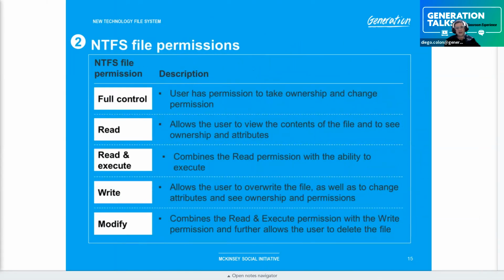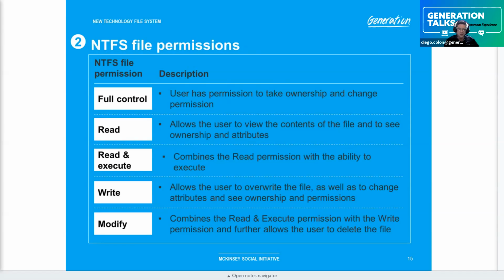Here we are. Your full control, as I stated before, you have full permission. I can become the owner. I can change anyone's permission. If I turn everything on prior to that, it only allows them to do the following. If you're able to read, it allows the user to view the contents of the file and to see the actual ownership and attributes. That's all they can do is just see.